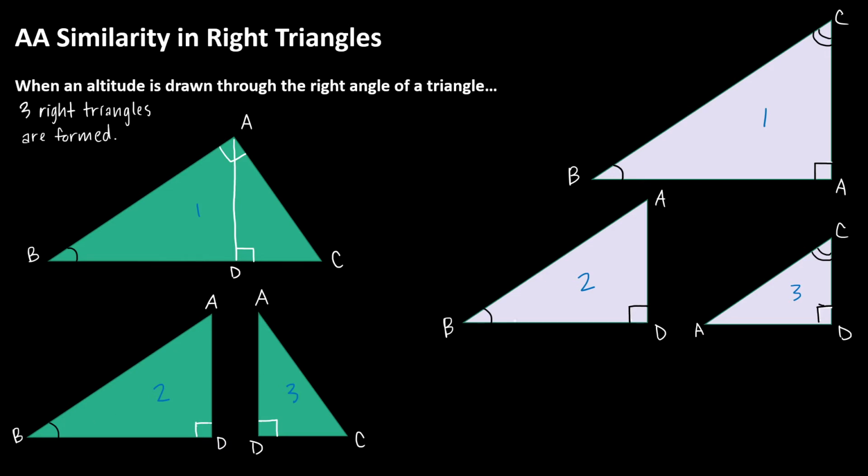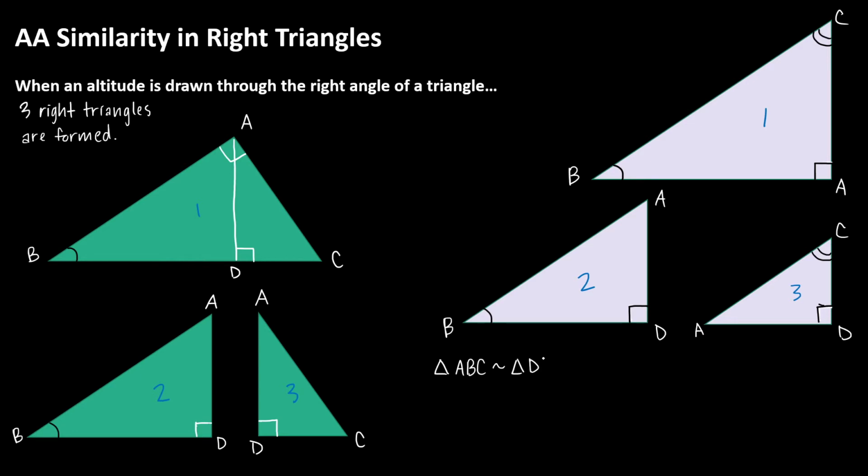So we can write some similarity statements here. My first one would be the relationship between triangle 1 and triangle 2. I know that triangle ABC is similar to triangle 2, which I'm going to call DBA, so that it's in the same order as triangle ABC.